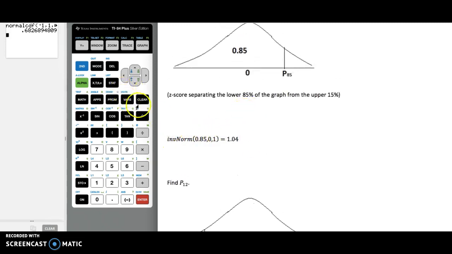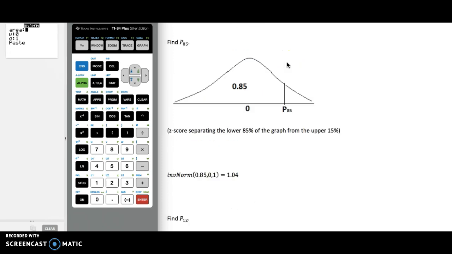So go in your calculator, clear it out, press second, and you press the variables button. And the very third option you see is inverse norm. And you're going to put in an area here. What you have to decide is, are you going to put in the 0.85 or are you going to put in the 0.15?